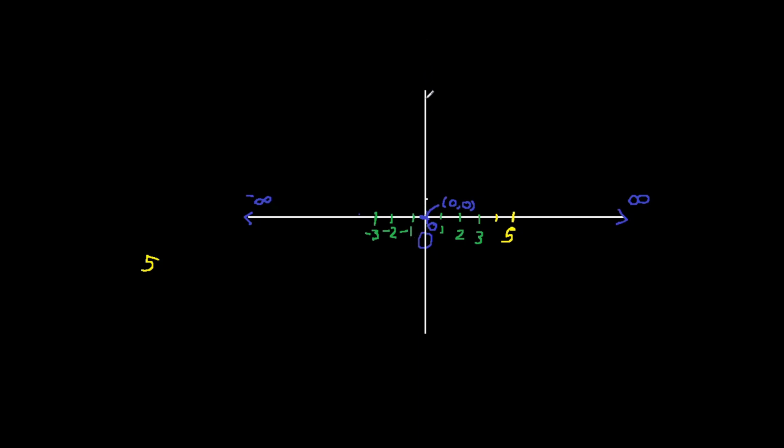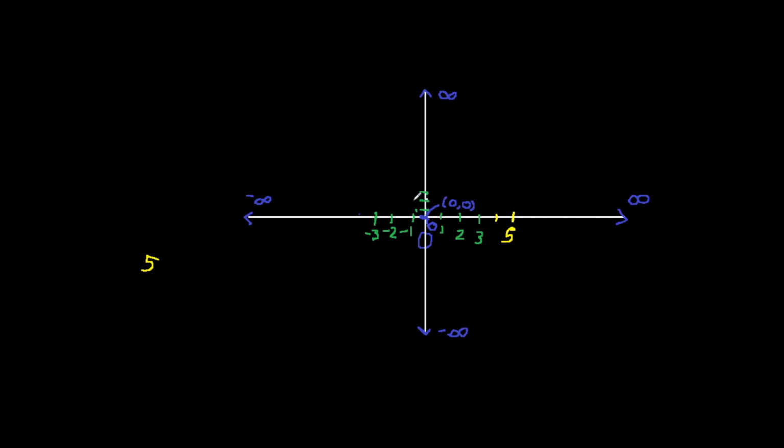And this is the exact same thing. This goes to infinity, going up. So positive numbers go up along this number line, and negative numbers go down along this number line. Just to reiterate that, if we were to go up, we would go 1, 2, 3.